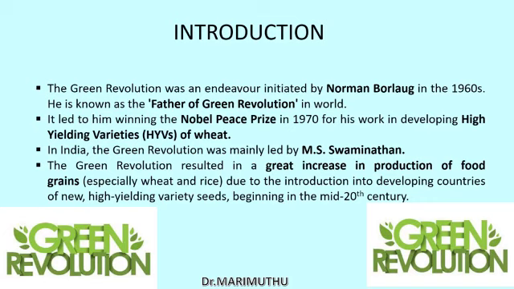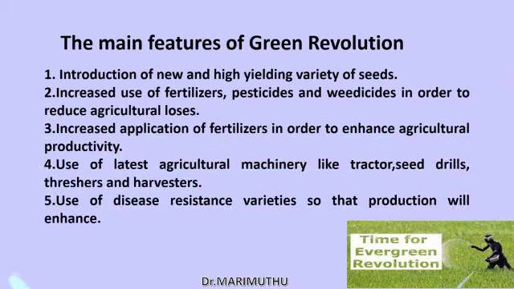So with this introduction, you have to see the main features of the Green Revolution. The first and foremost feature is introduction of new and high-yielding varieties of seeds. Second one is increased use of fertilizers and pesticides in order to reduce the agriculture losses.